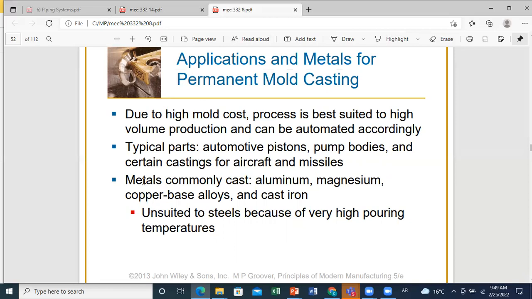Now, the metals commonly cast are aluminum, magnesium, copper-based alloys, and cast irons. Steel is not convenient because of its very high pouring temperature. So if you have metals to cast with much larger pouring temperature, you should do a specific treatment for your mold.